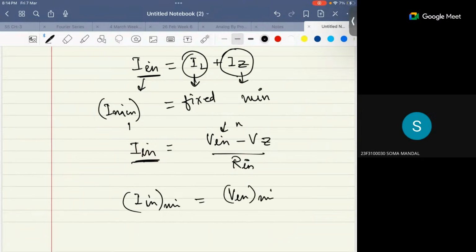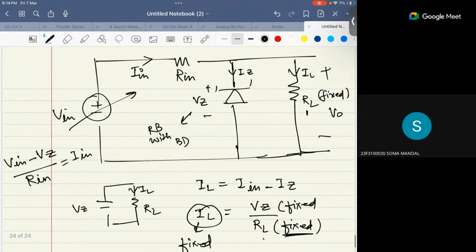And similarly, I input maximum will be V input maximum minus VZ upon R input. Is it making sense? So you can see that if the voltage V input is working in some fixed interval, in such a way that the Zener diode is always in reverse bias with breakdown, then the current through this RL will always be fixed. Correct?